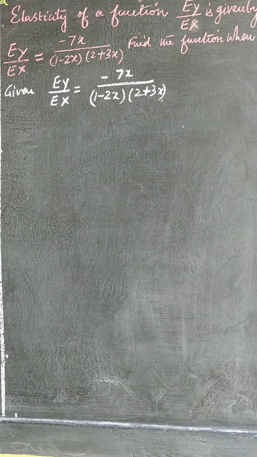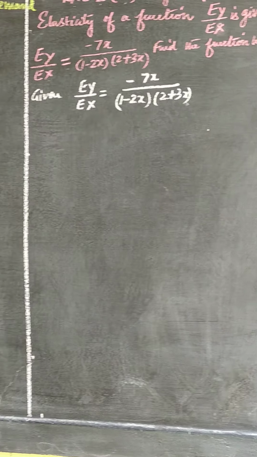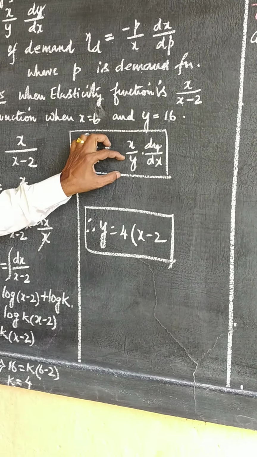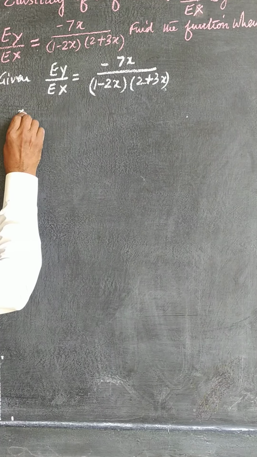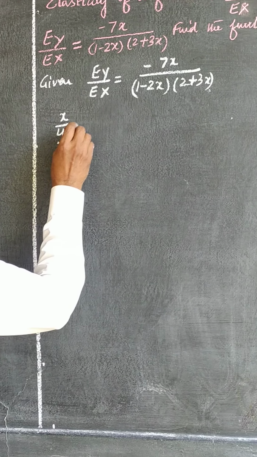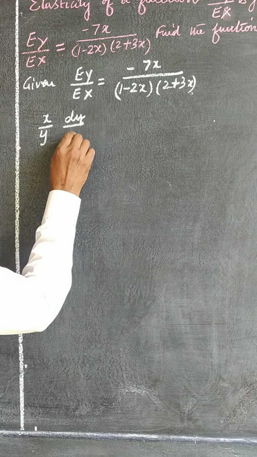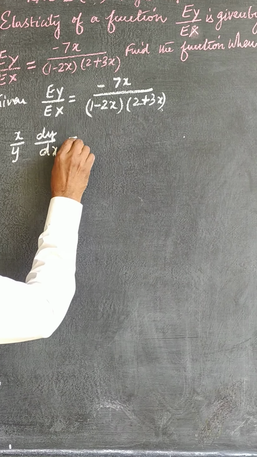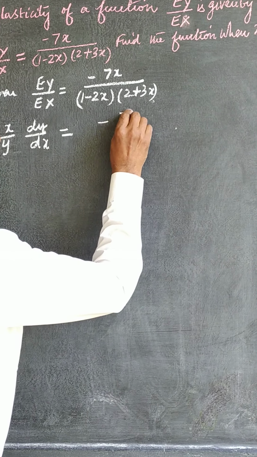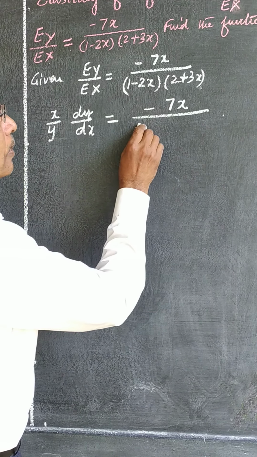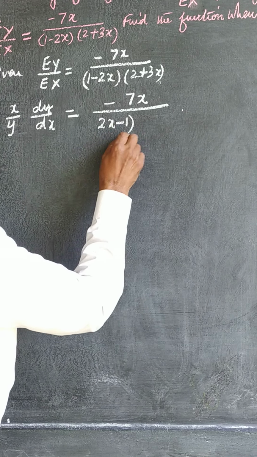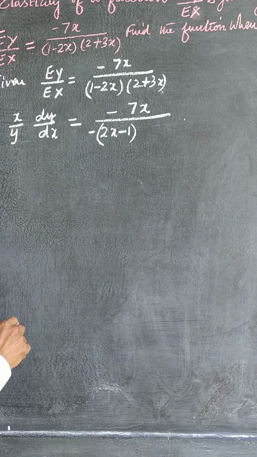But you know the formula Ey by Ex is equal to x by y dy by dx. So you can write this as x by y dy by dx is equal to minus 7x by, I can rewrite this as 2x minus 1 by putting minus sign outside.